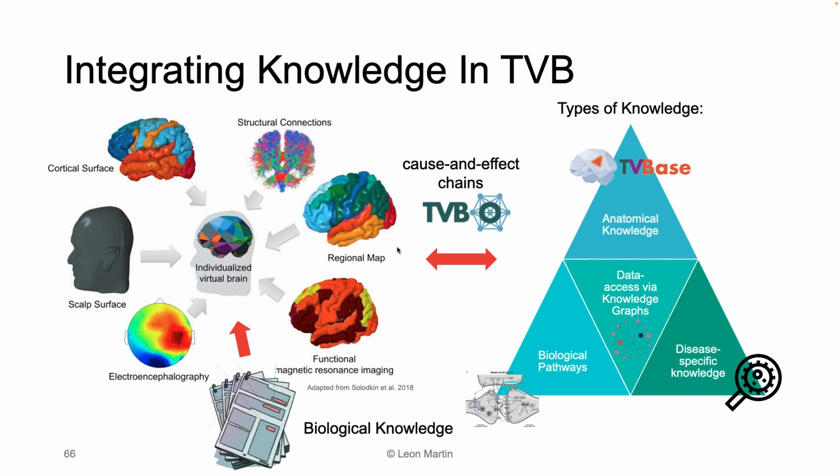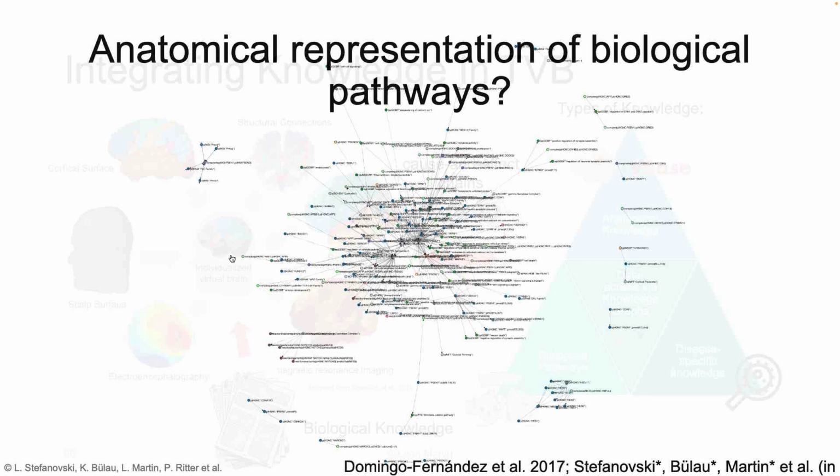They used different modalities and also gene maps to test the heterogeneity and how this affects models of brain activity. And this knowledge of spatial distribution patterns is really interesting also for integrating into The Virtual Brain.